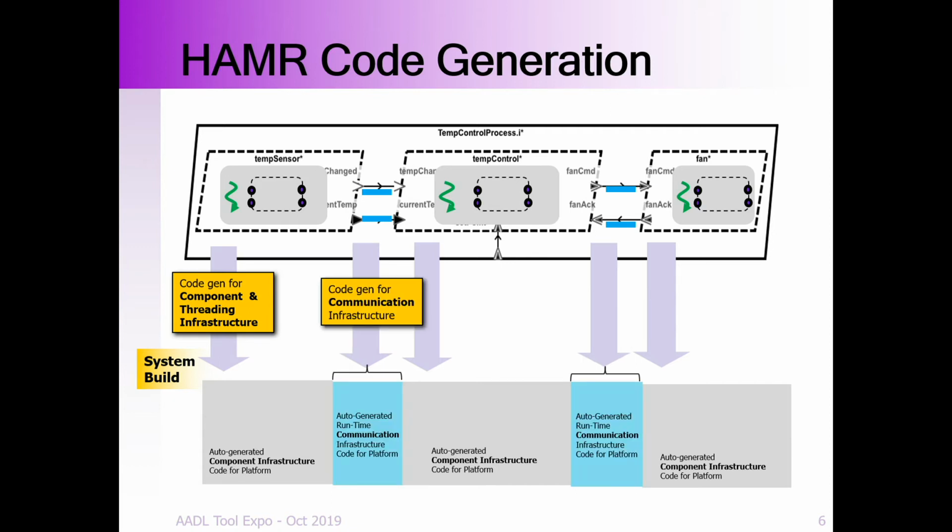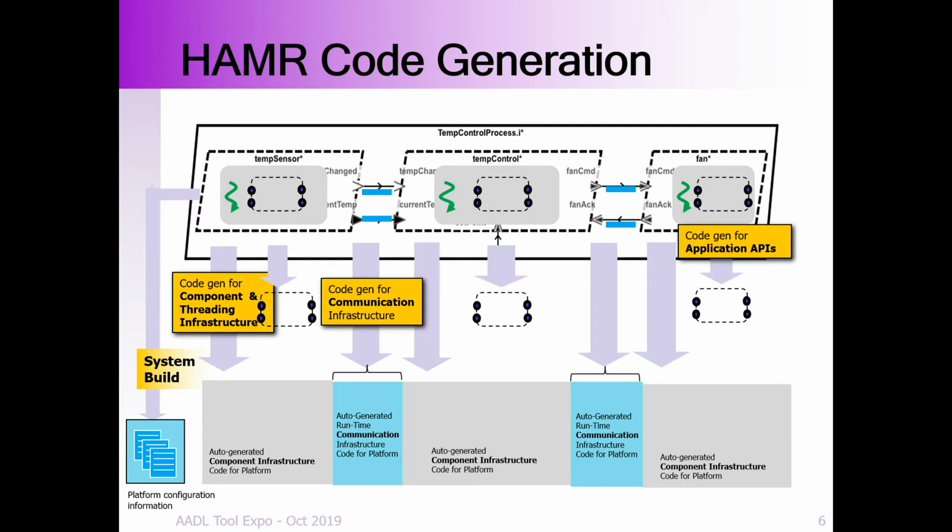You may then also be generating your communication infrastructure that may tie into, for example, for SEL4, its interpartition communication, or you may be able to target some other middleware framework like DDS or so forth. You may be generating code for that. And then, of course, you're going to be generating some platform configuration information.